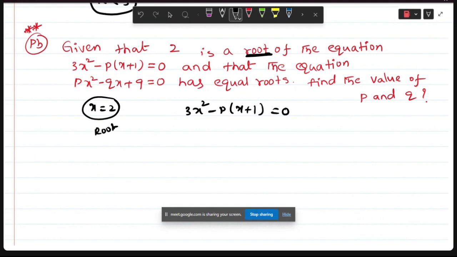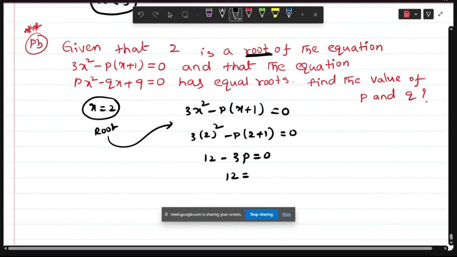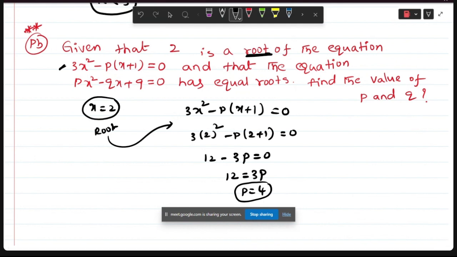Since 2 is a root, you substitute here: 3 into 2 square minus p into 2 plus 1 is equal to 0. 4 threes are 12, minus 3p is equal to 0. 12 is equal to 3p, p is equal to 4. So 2 is the root of this equation only, not the second equation. p is equal to 4.